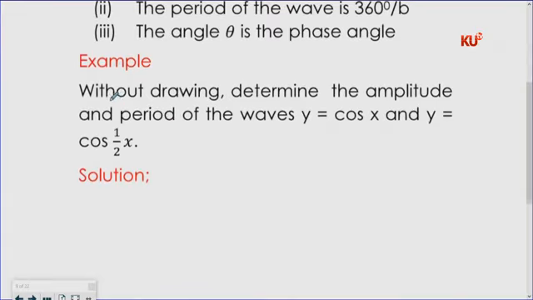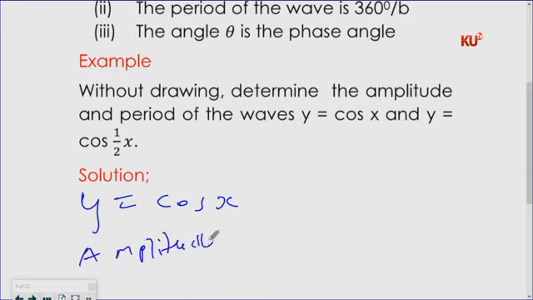You are told, without drawing, to determine the amplitude and the period of the waves. So we have y equals cos x. Let's get the amplitude of this particular wave.